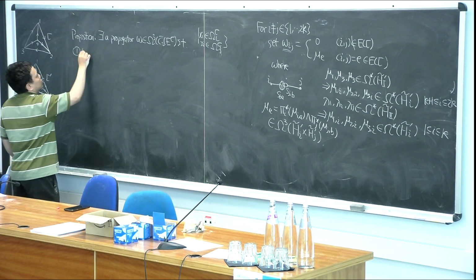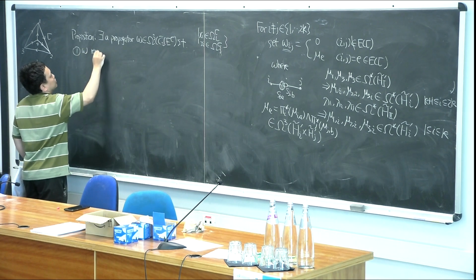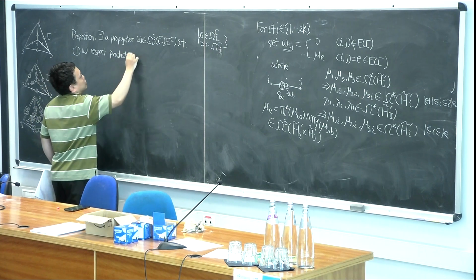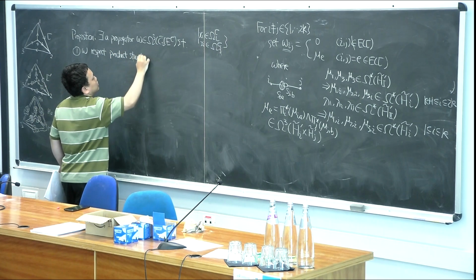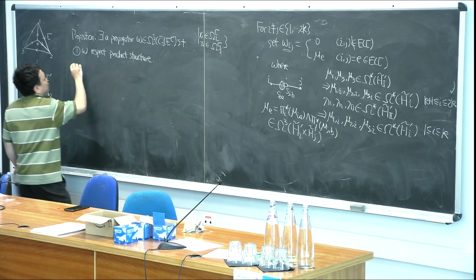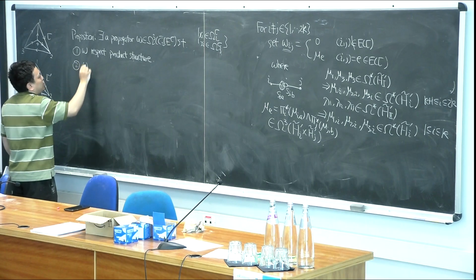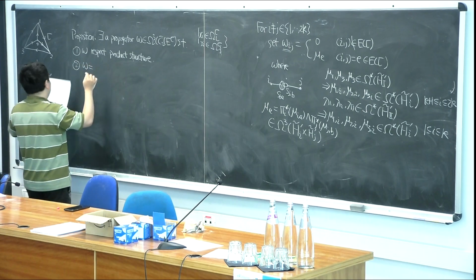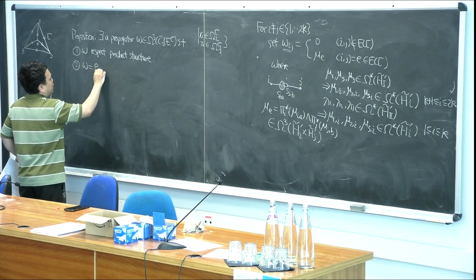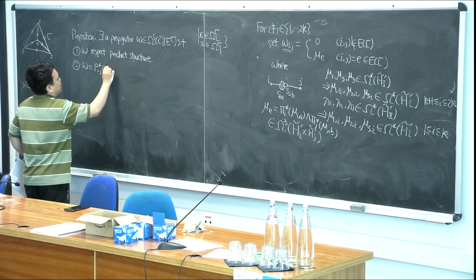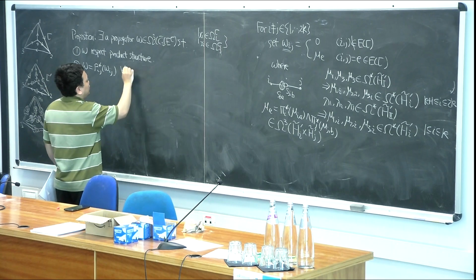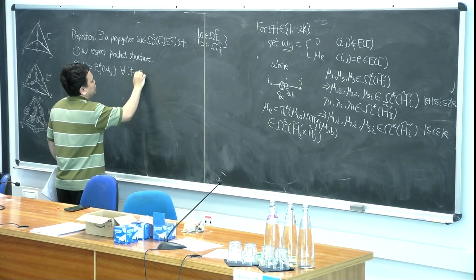First, omega respects the product structure. Second, omega equals Pij star omega ij, for any i not equal to j.